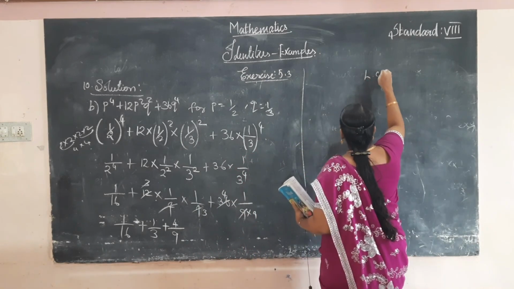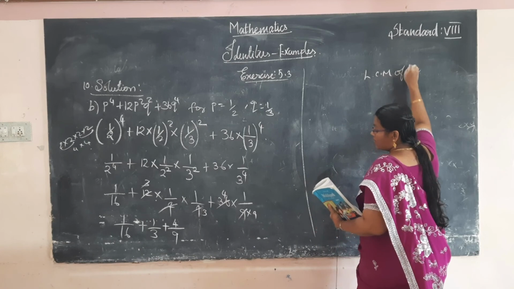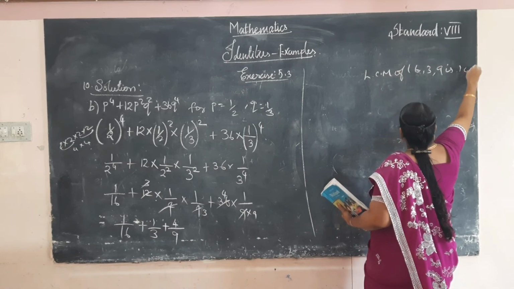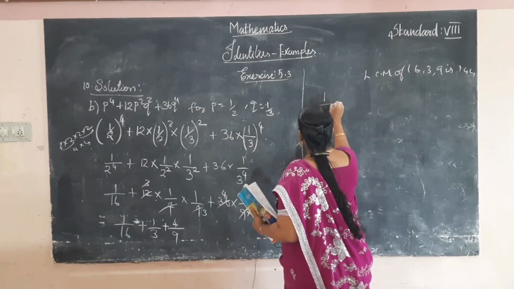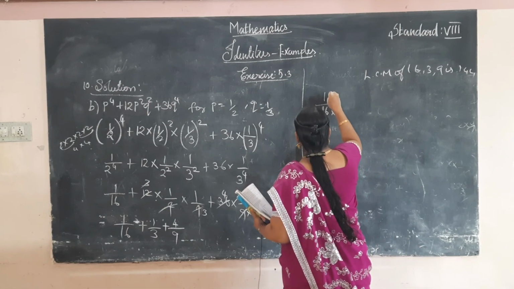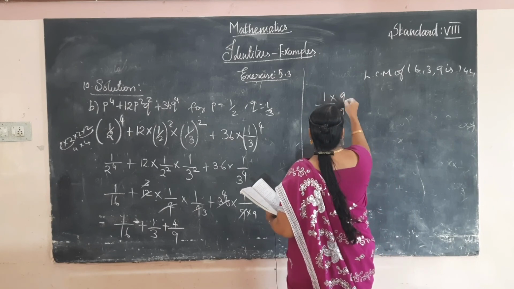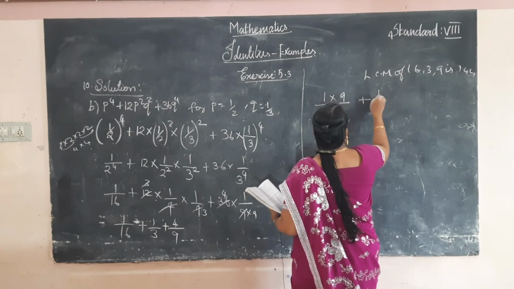Okay, LCM of 16, 3, 9 is 144. The 1 by 16, which number to multiply numerator and denominator? 9 times. Okay, plus 1 by 3.